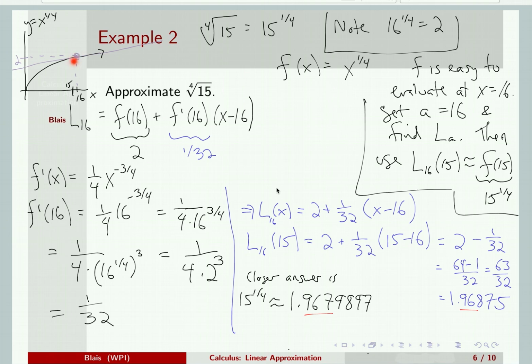And the tangent line and the curve are very close to each other at x equals 15. In fact, we see just how close they are here to the 3rd decimal point.